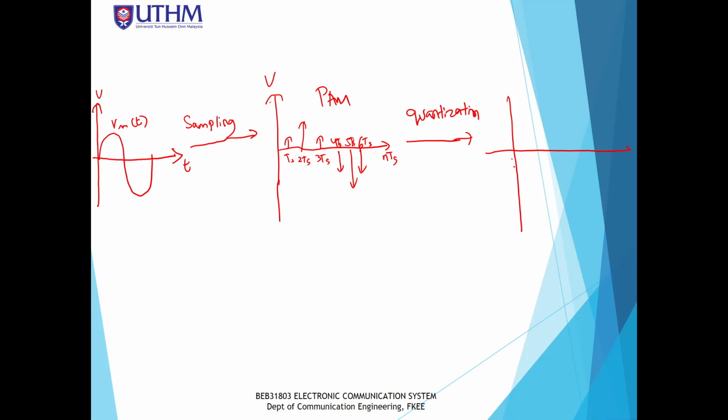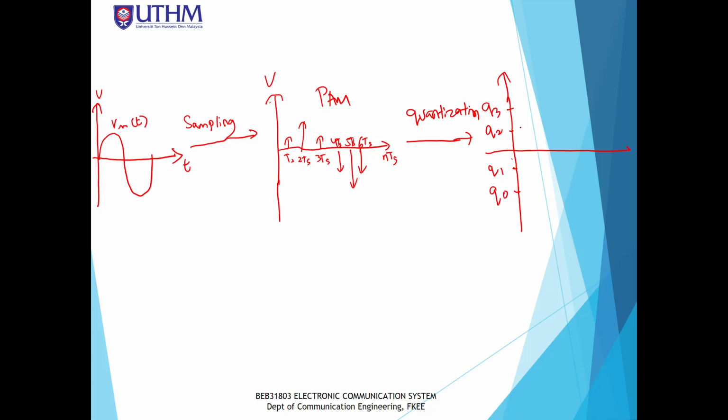For example, this is Q0, Q1. Okay, so I will round up the sample value to the nearest quantized level.